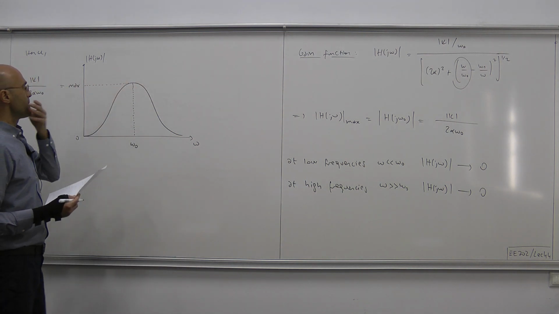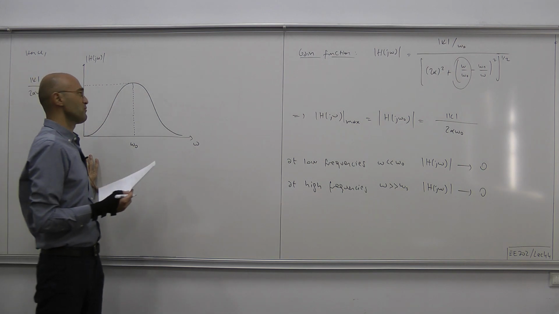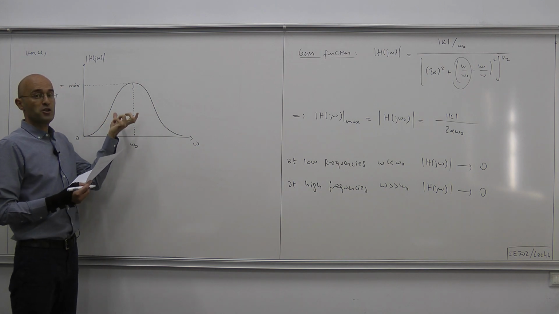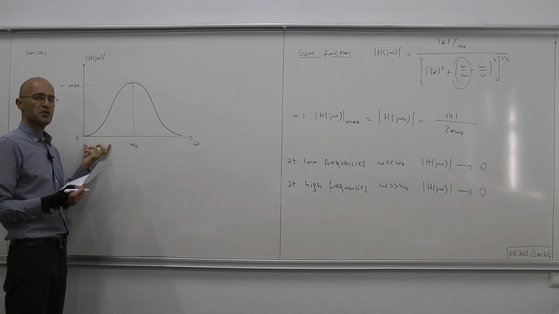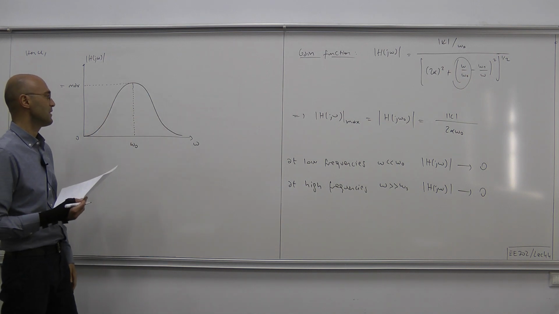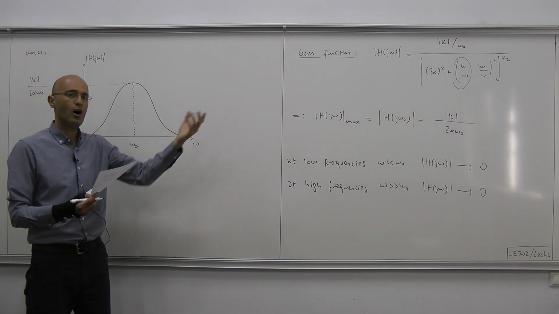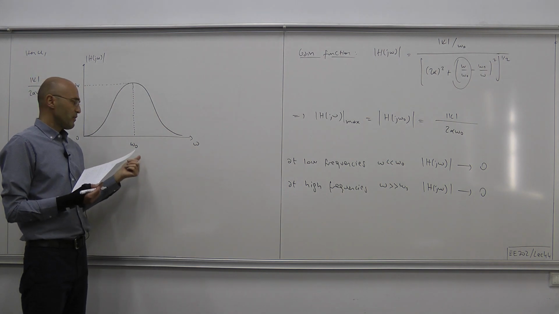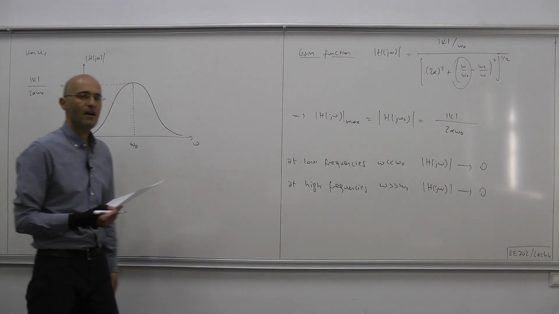So that's basically the shape of our bandpass filter, and it's clear why it's called a bandpass filter. It doesn't pass low frequencies to the output side. It doesn't pass much of the input to the output when the frequency is high. And somewhere in between, around the frequency omega 0, we see something significant at the output side.